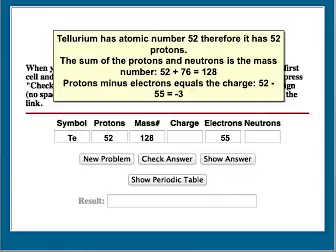Mass number, we are given 128. If 52 of those are protons, there must be 76 neutrons. Finally, if we have 55 electrons and only 52 protons, we have 3 extra negatives, don't we? Therefore, this is -3.